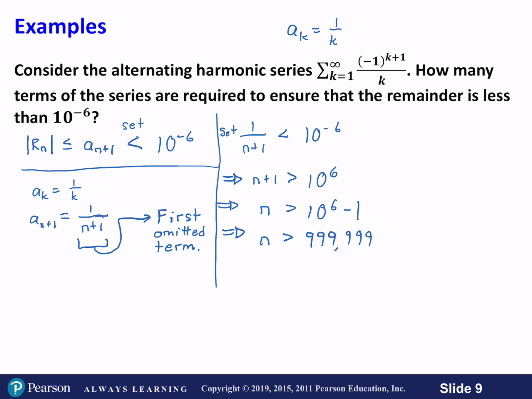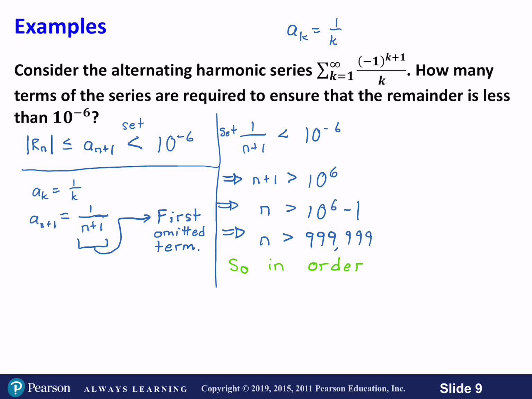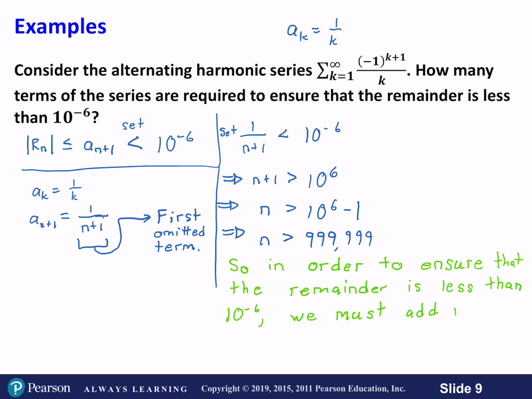Okay. And so the statement that we write out is that, in order to ensure that the remainder is less than 10 to the negative sixth, we must add more than 999,999 terms of this series together.